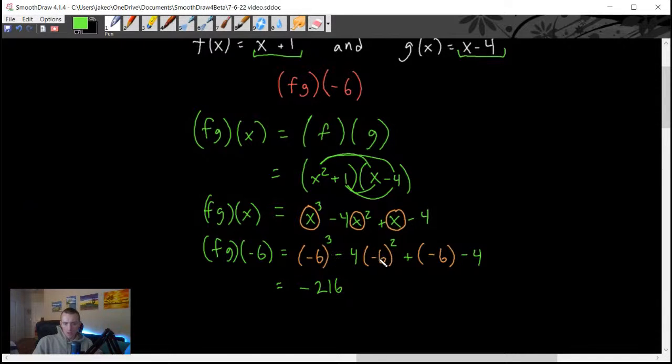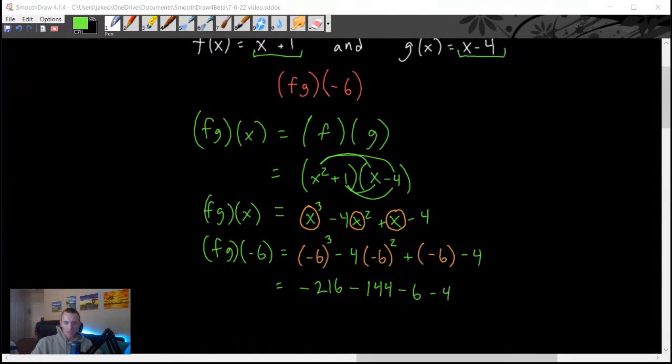And then negative 6 squared is the same as saying negative 6 times negative 6, which is positive 36. And then positive 36 times negative 4 is going to be negative 144. So the negative 6 squared is a positive times this negative 4 gives us a negative 144, plus negative 6 is minus 6, and then minus 4.